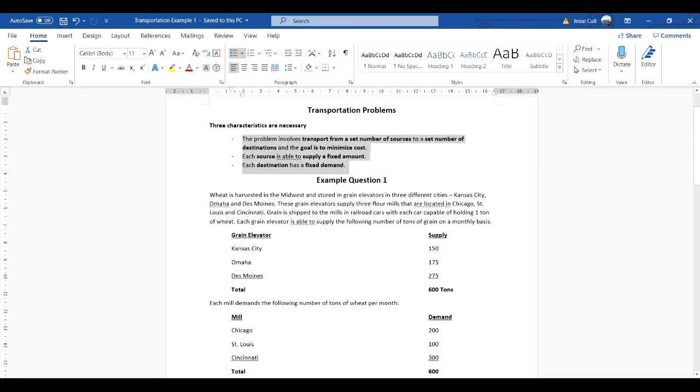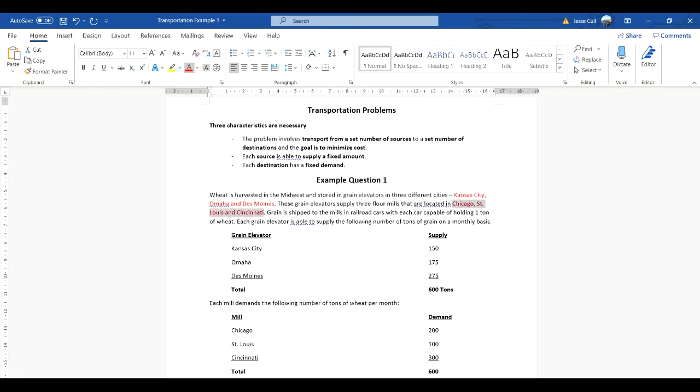So going back up here, let's highlight the key points. Wheat is harvested in the Midwest. That's a general area, not important. Stored in grain elevators in 3 different cities, Kansas City, Omaha, and Des Moines. That's our first key piece of information. This is where grain is stored. These grain elevators supply 3 flour mills that are located in Chicago, St. Louis, and Cincinnati.